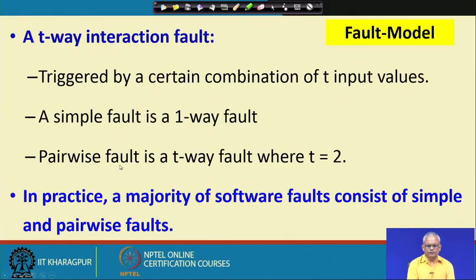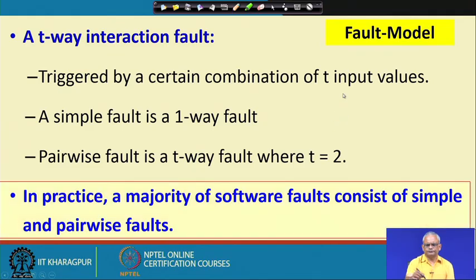But if a certain combination of two inputs is needed, let us say when the temperature becomes 100, only when the temperature is 100 and at the same time the pressure is 50, only in this situation the error occurs.